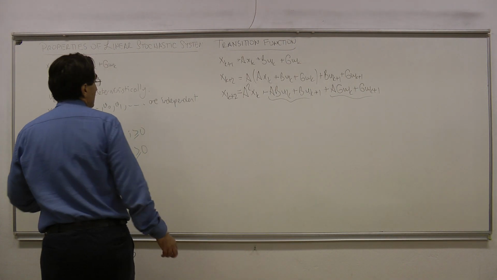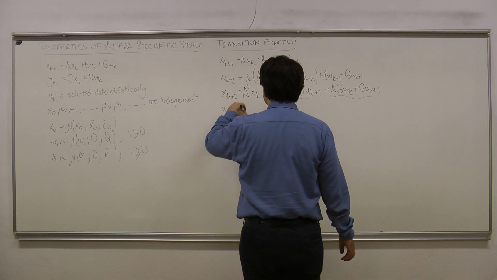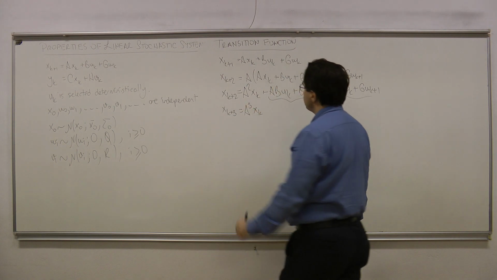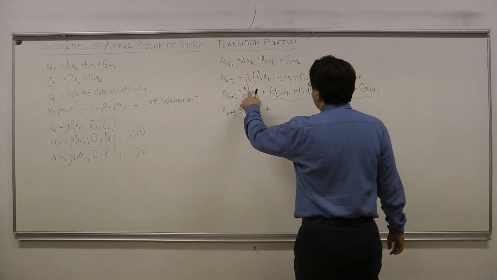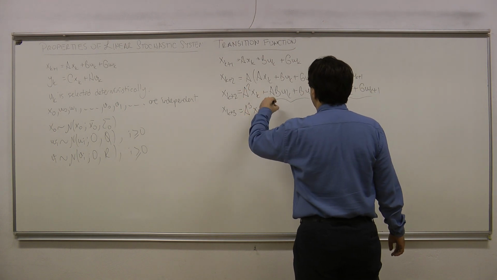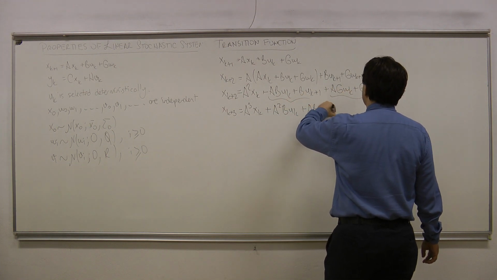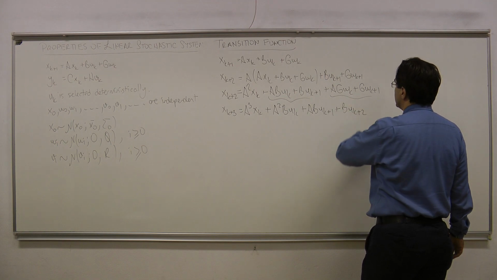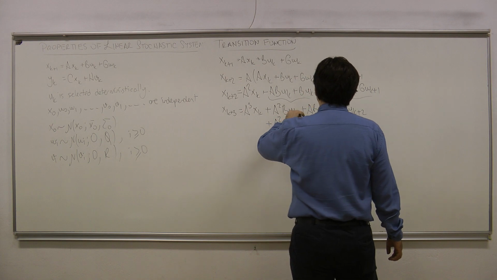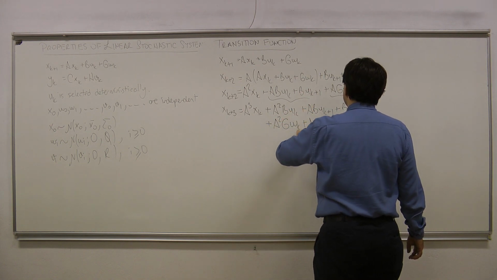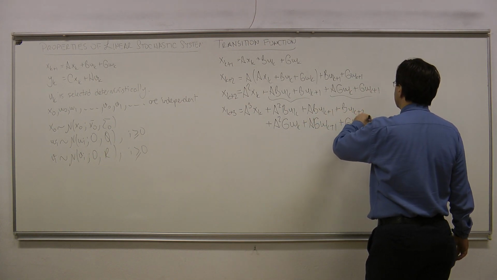If I do the same thing for xk plus 3, let us try to obtain the terms. I would have A cubed xk, plus, in this case, I would have a power 1 less than this one: A squared B uk plus AB uk plus 1 plus B uk plus 2, and I have the disturbance terms, A squared G wk, AG wk plus 1, plus G wk plus 2.